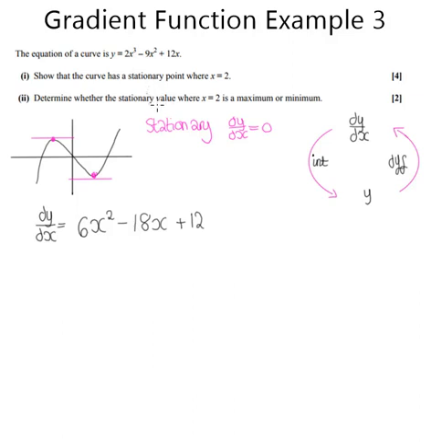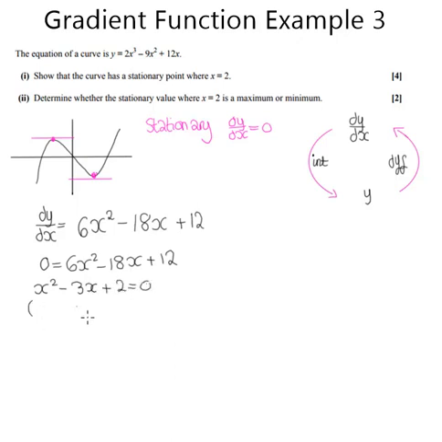And as we discussed earlier, the stationary point is when dy by dx is equal to 0. So if I set this equal to 0, 0 equals 6x squared minus 18x plus 12. And to simplify this equation, let's divide through by 6. I'm going to have x squared minus 3x plus 2 equals 0.